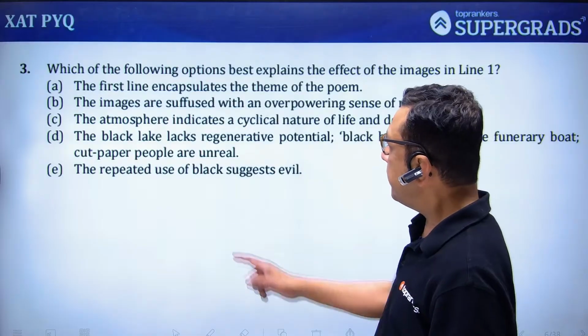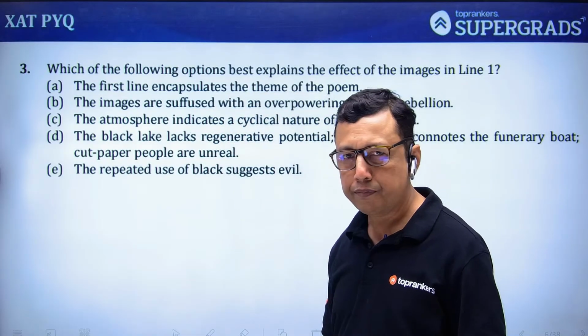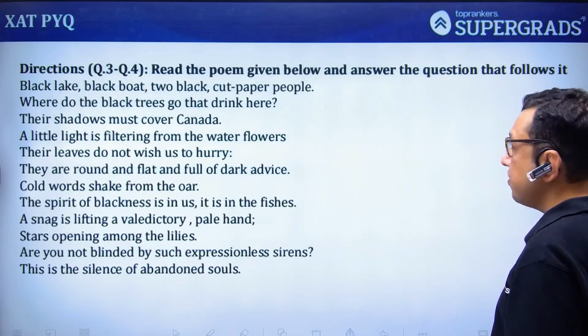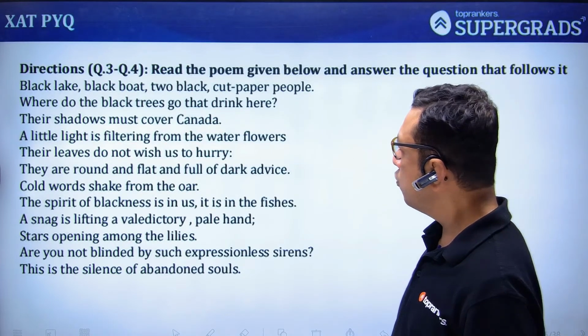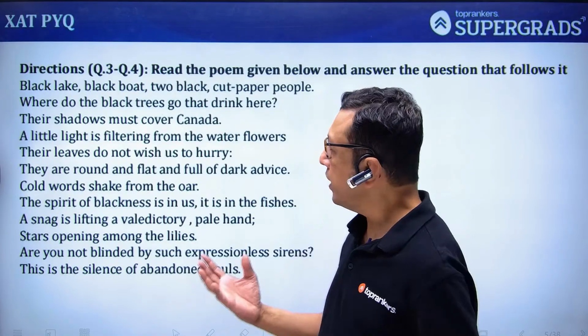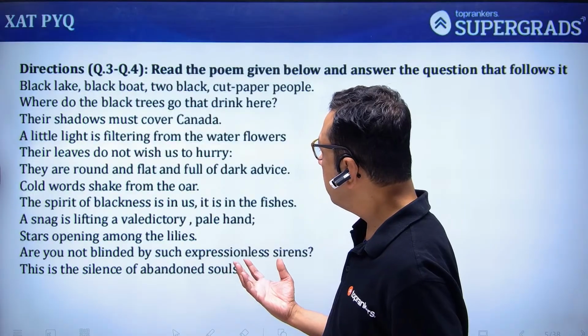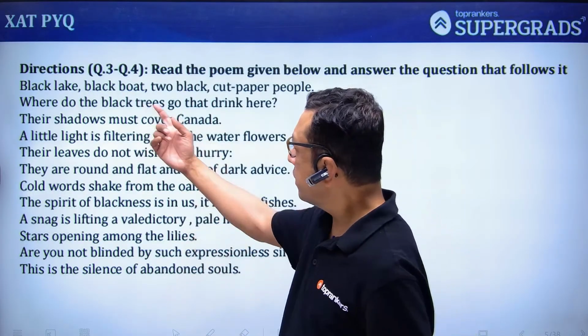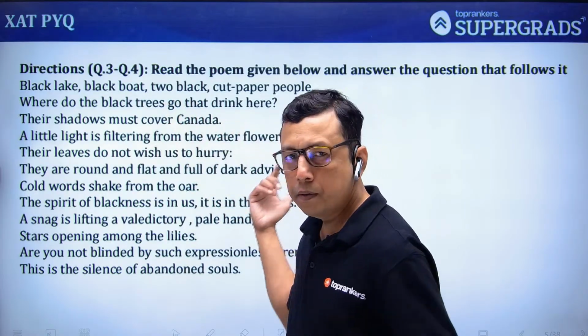The first line encapsulates the theme of the poem. Let us give it a thought, right? What does the first line say? Black lake, black boat, two black cut paper people. So basically, it describes a lake, a boat, and people. That's it.